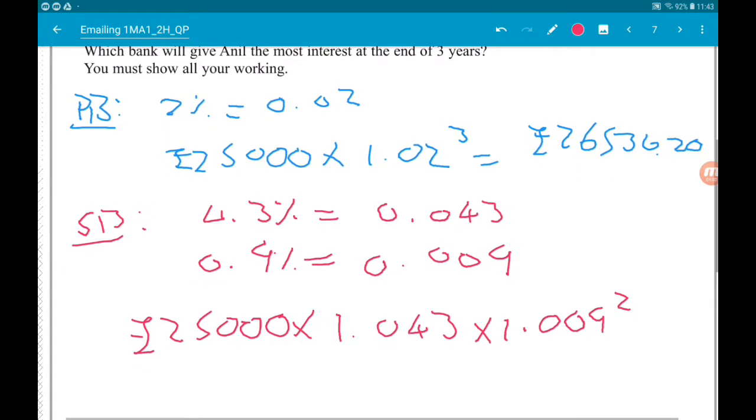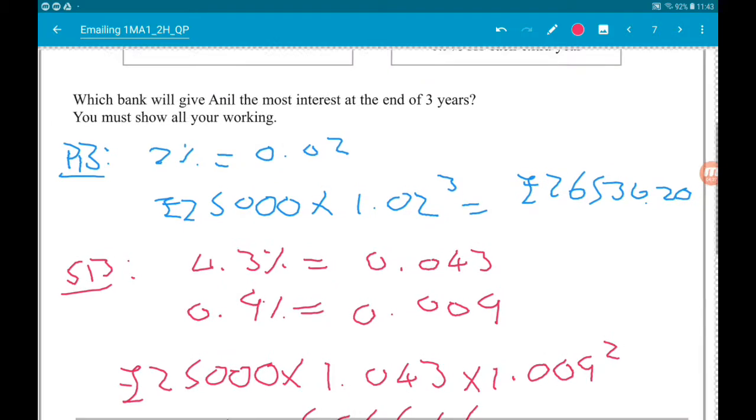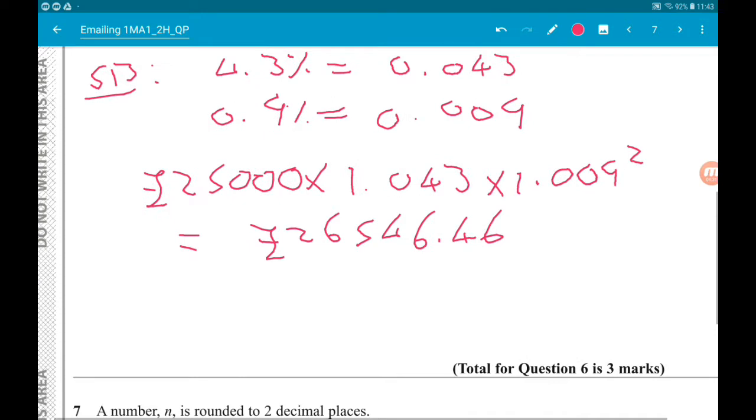And that is going to give £26,546.46. So that's more than the other place, so he should use secure bank.